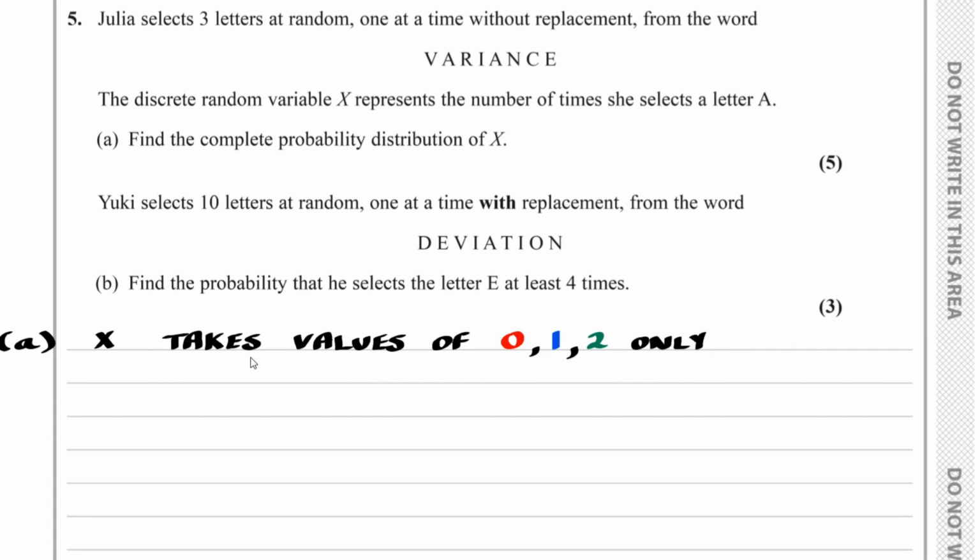We now have enough information to construct our probability distribution of X. Let's begin by finding the probability that X is equal to 0.